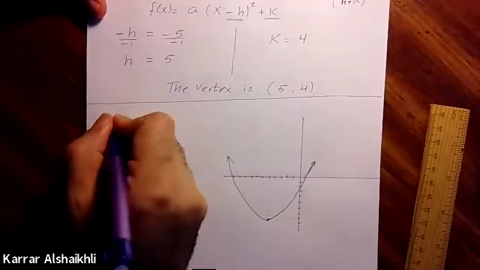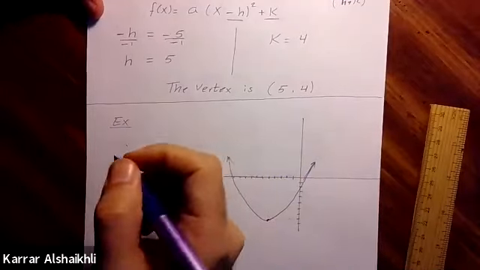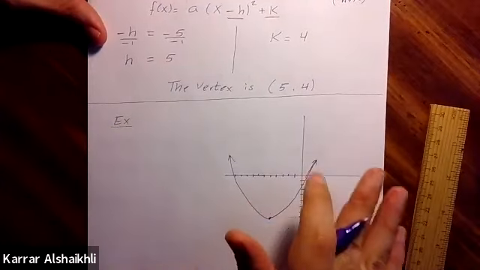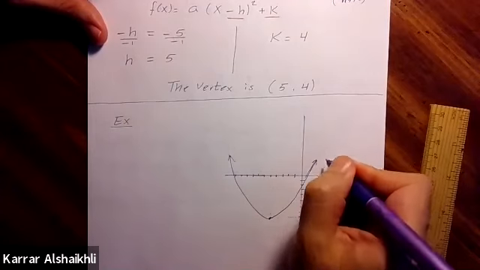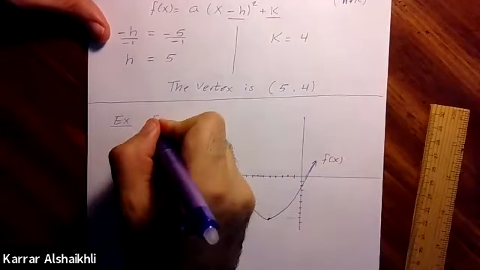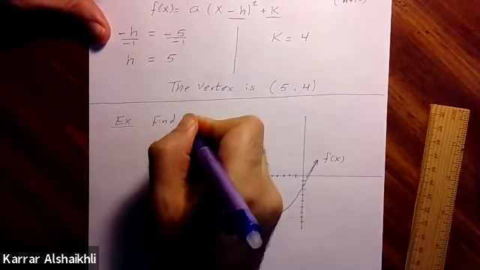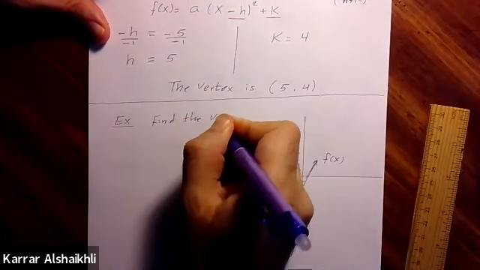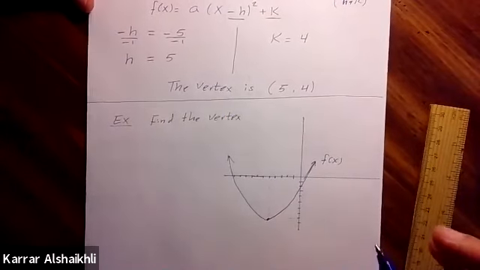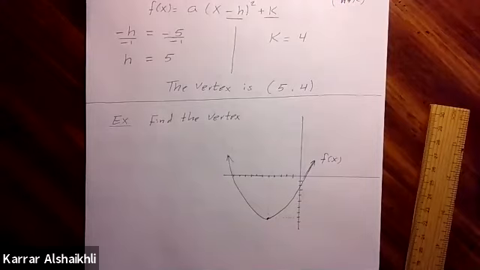What if you have a graph, you don't have equations, and they ask you to find the vertex? So we have to look at the graph. This is the graph of f of x. I told you the vertex is going to be the minimum point or the maximum point.